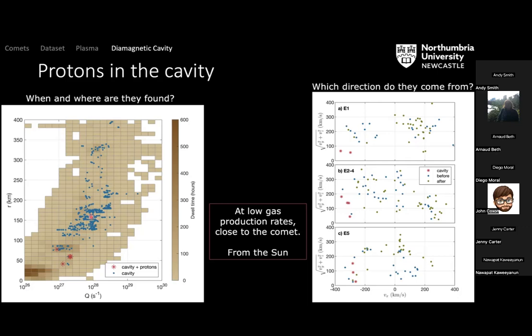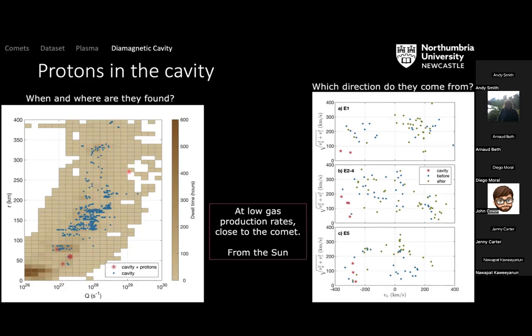The blue points then show you when the spacecraft was able to measure the cavity, and you can also see that this is very well distributed. However, all of the events where we observe protons in the cavity only occur close to the comet and at low gas flux rate. So just before we cease to be able to measure the diamagnetic cavity, these things turn up, which means that we find them only there.